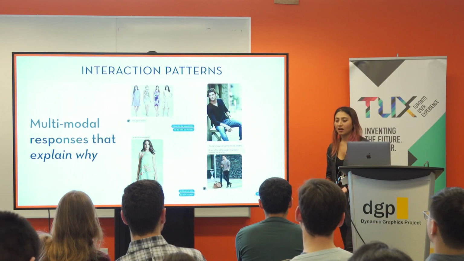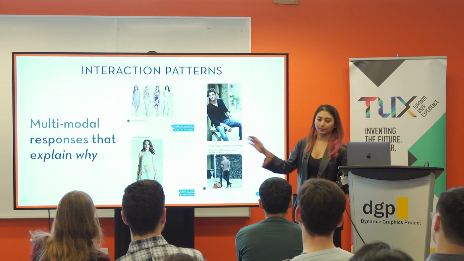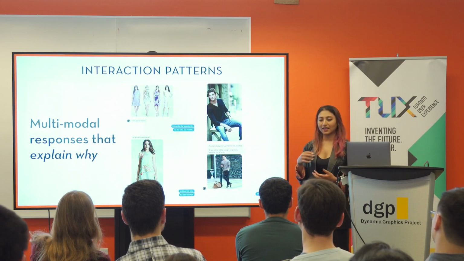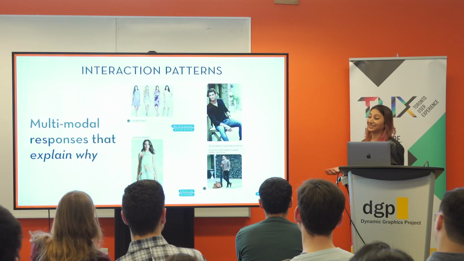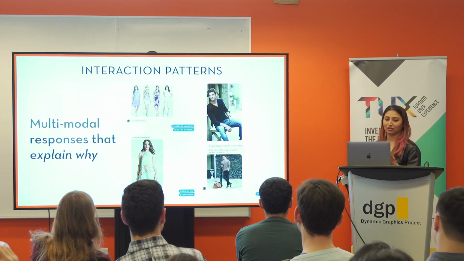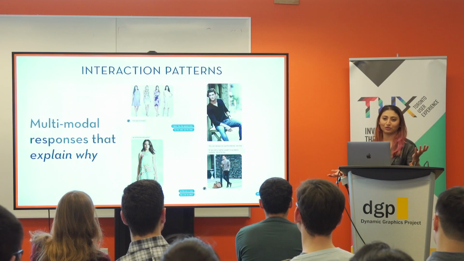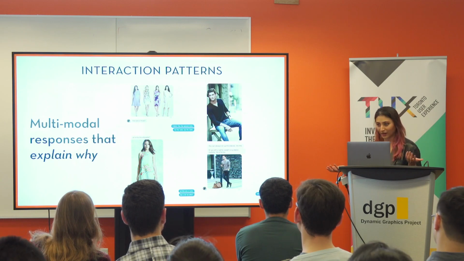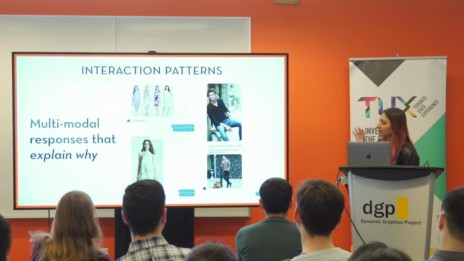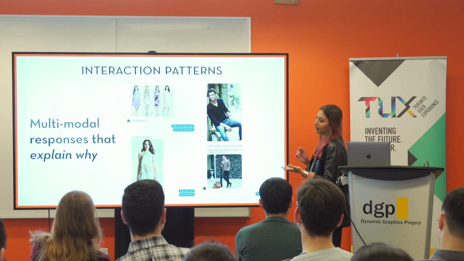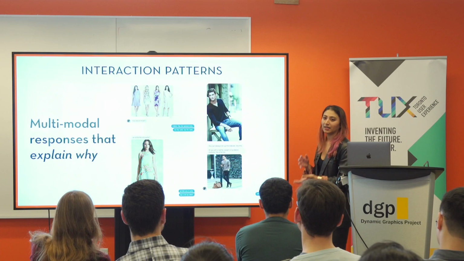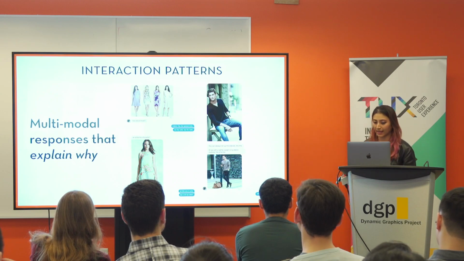They would show items, but then they would always explain them with text. And that's what you could say is missing from most search engines or recommendation engines, right? They just show you things, but they never tell you why that matches your query. And so that became the goal: can we get close to this type of interaction? What would it take?